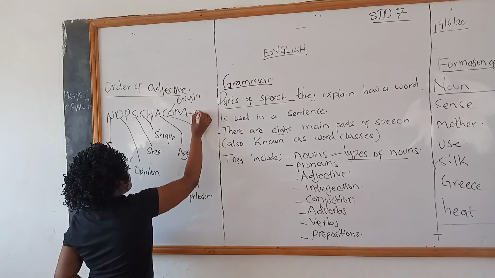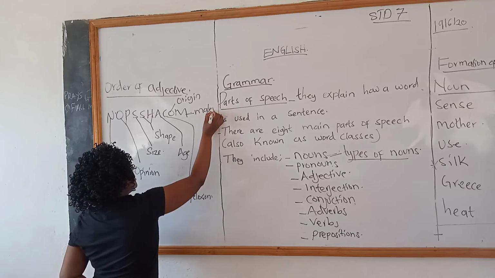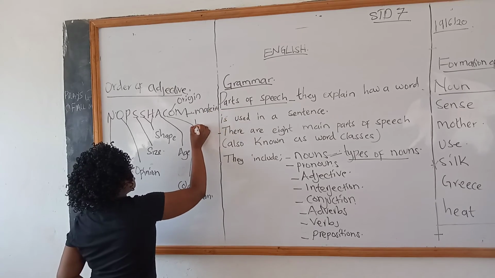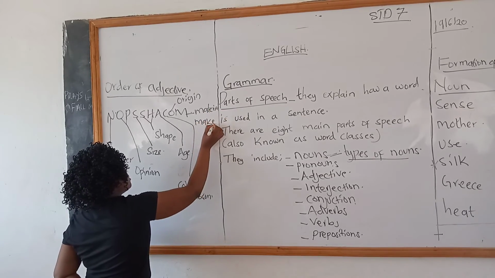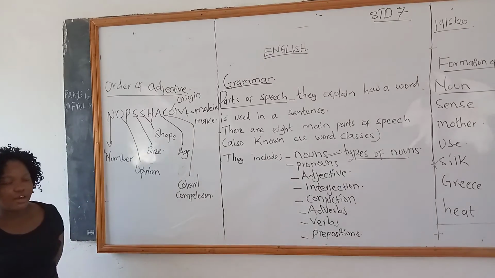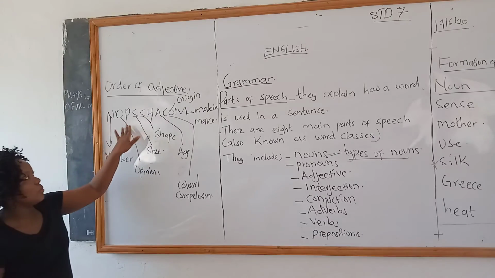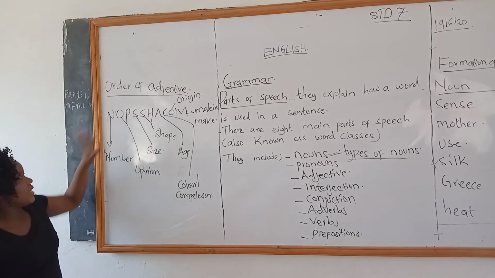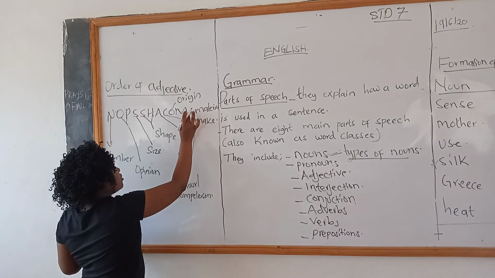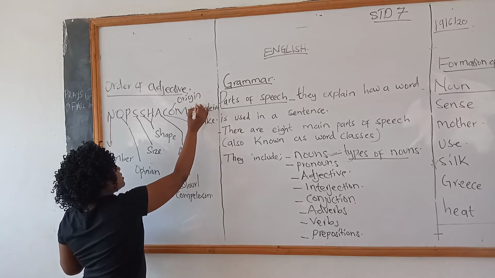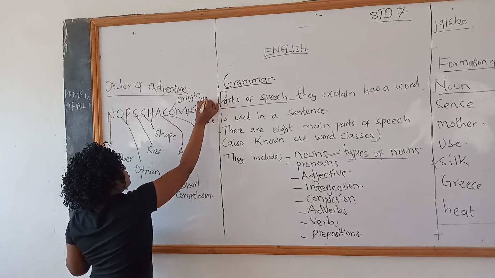Then M stands for material or make. So this is also something that you need to have at your fingertips, the order of adjective. You just write the word OPSHACOM, and the last one is N. I forgot to write it. N now stands for noun.